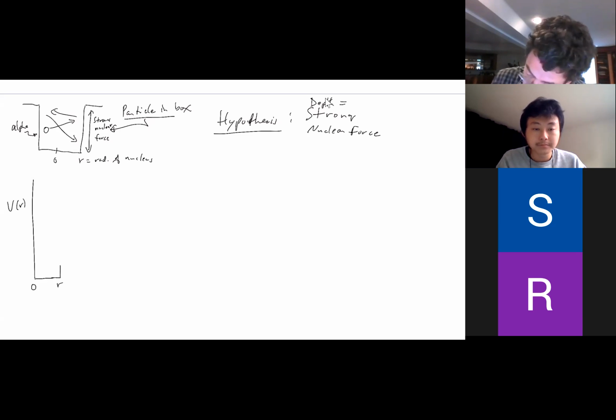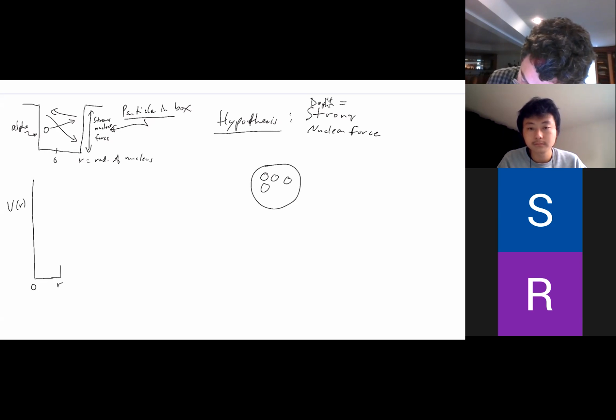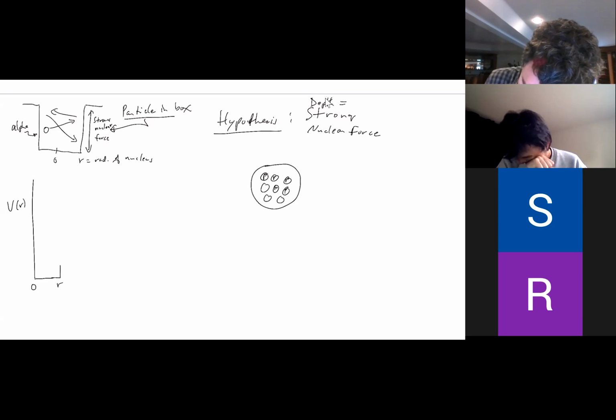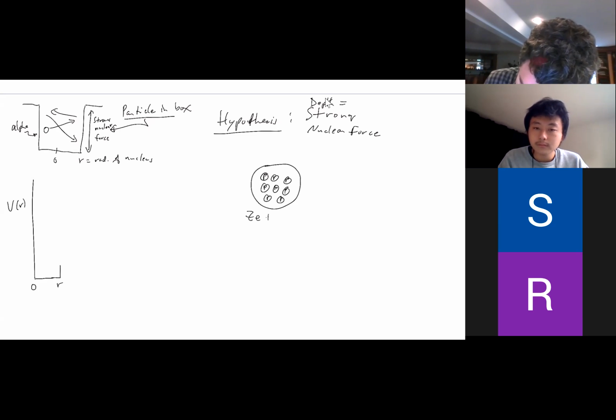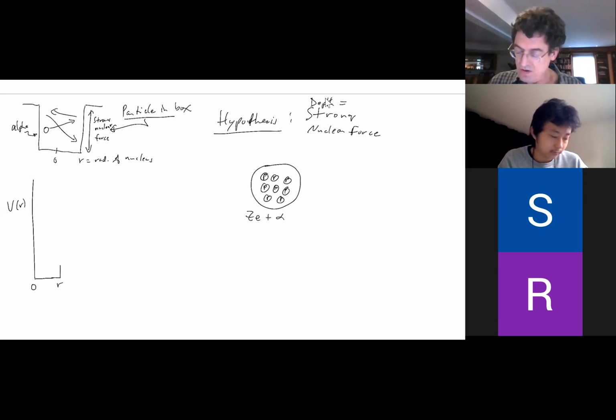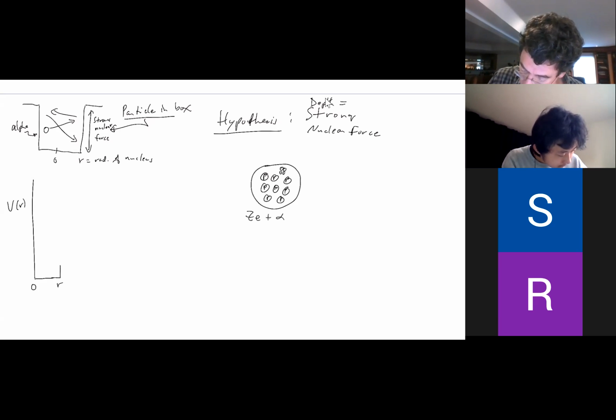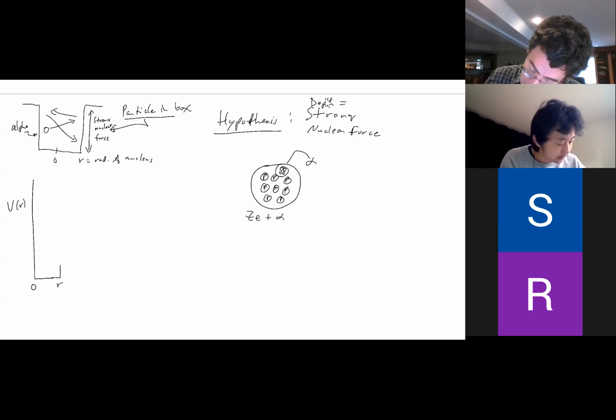Now let's think of it like this. I've got my nucleus, which has Z protons plus 1 alpha particle. And then there's the alpha particle, alpha.